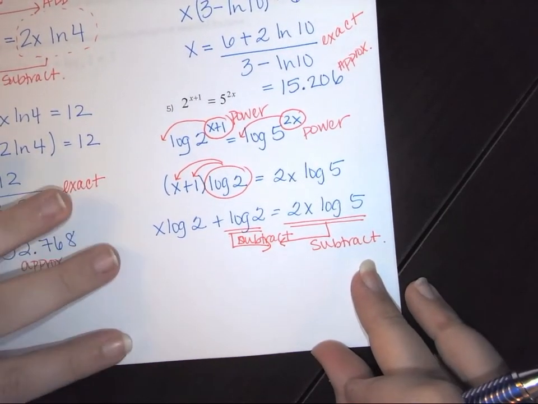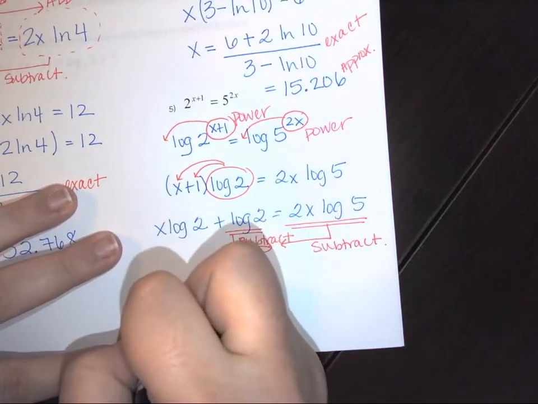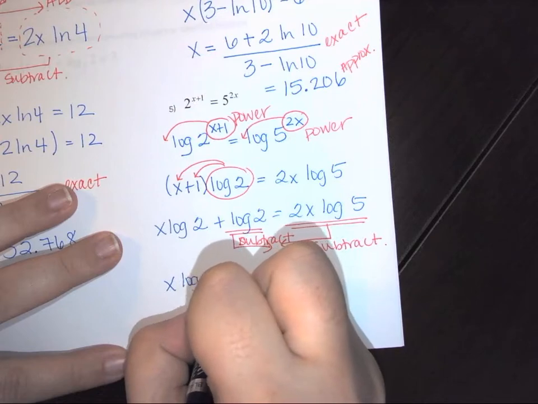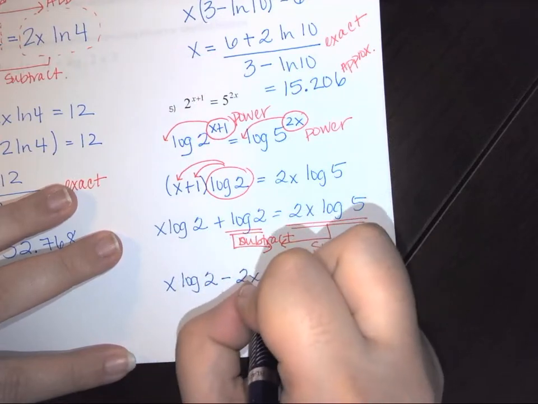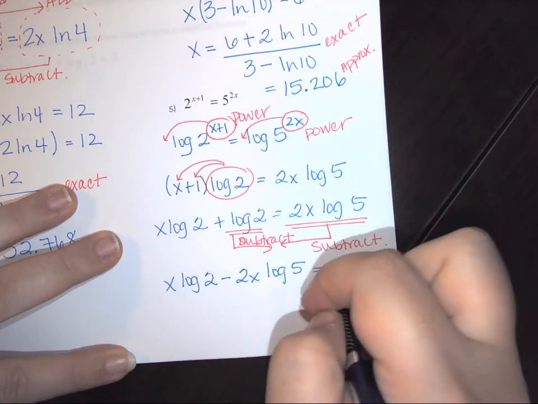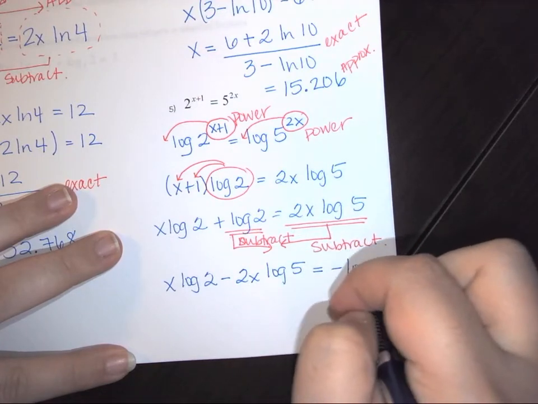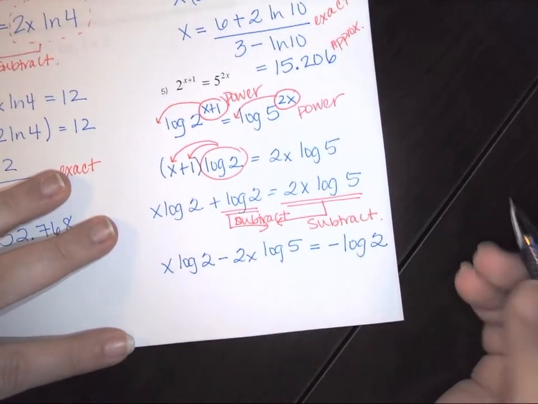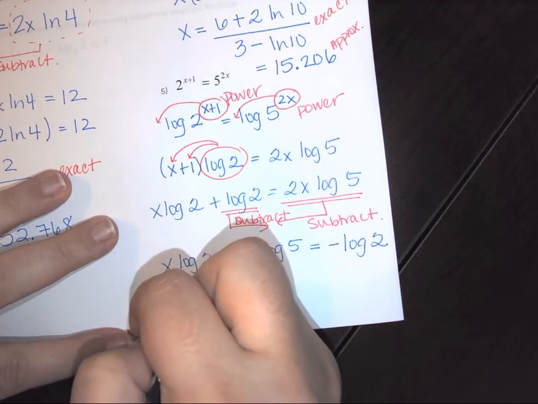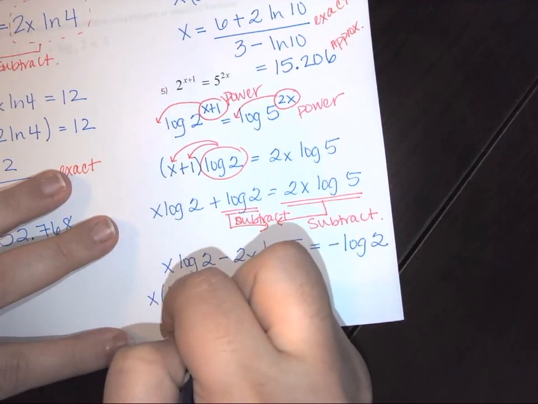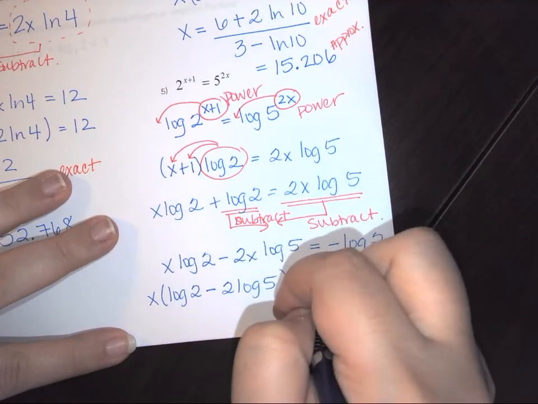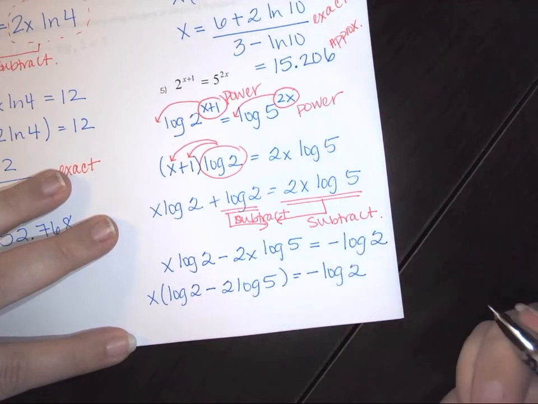So in this case, we end up with x log of 2 minus 2x log of 5 is equal to negative log of 2. I need to pull my x out, so this becomes x times the log of 2 minus 2 log of 5 equals negative log of 2.